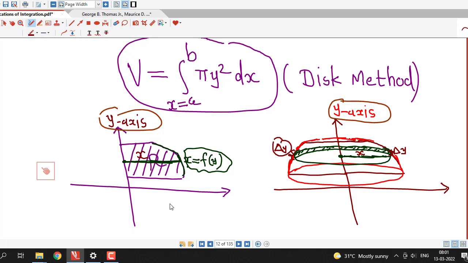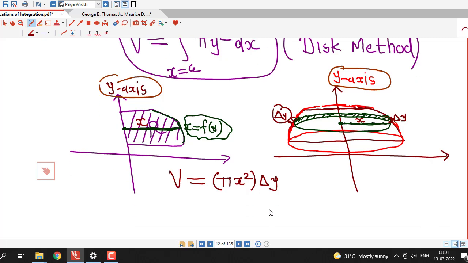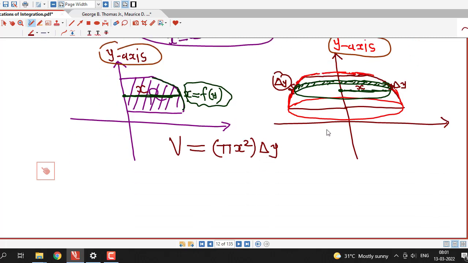So the volume of this disc is going to be pi times x square times the height or thickness, which is delta y. Now we continue this process. We are taking cross sections perpendicular to the y-axis, and by taking an infinite number of cross sections we obtain the formula for the volume of the solid of revolution, from y equal to say c to d.